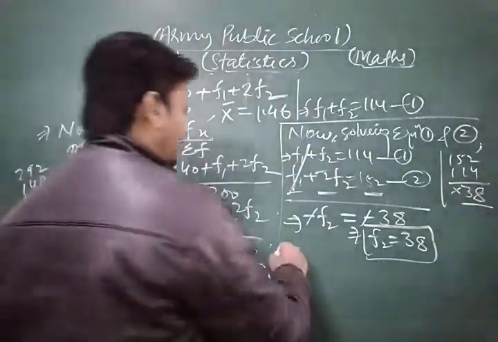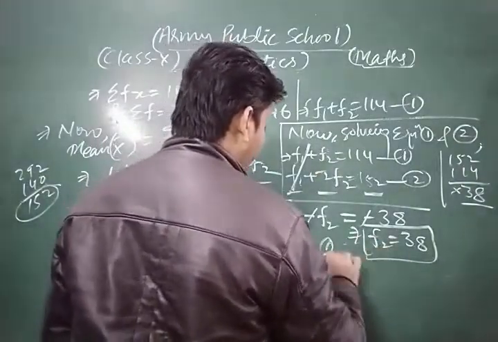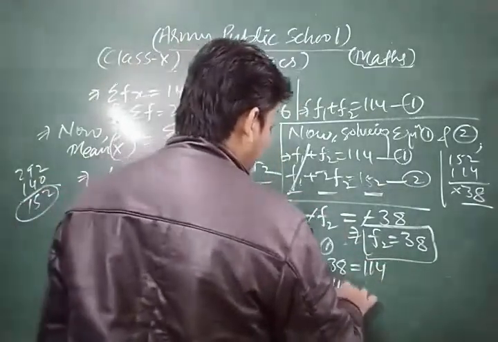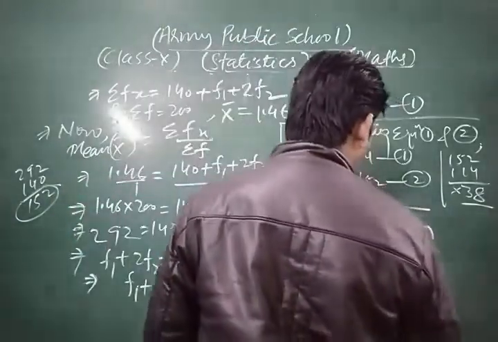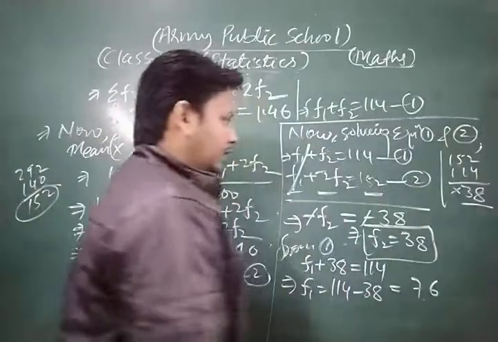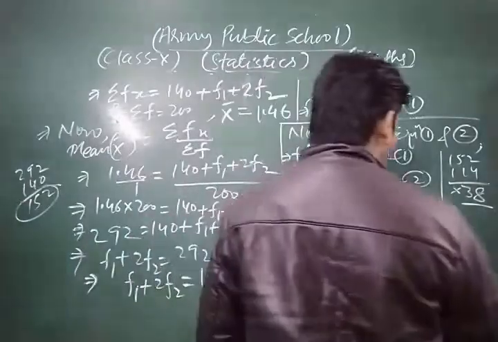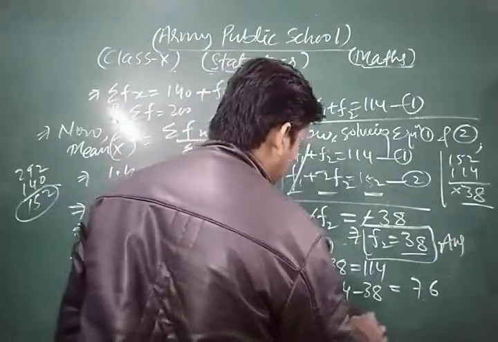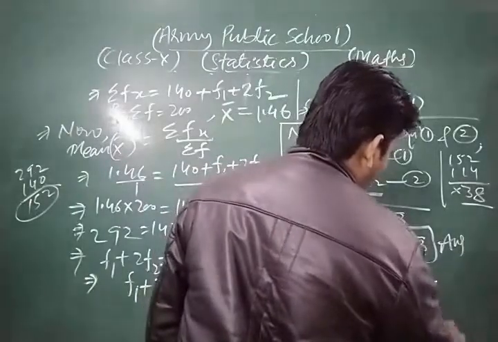Now from equation 1, putting f2 as 38, f1 should be 114 minus 38, which is 76. So the missing frequency f1 is 76 and f2 is 38. This is the final answer of the given question.